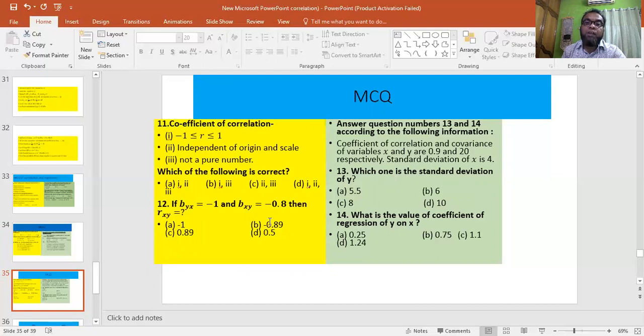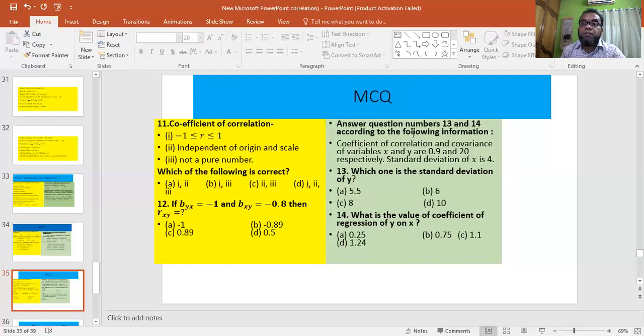That is minus 1 into minus 0.8. Since both are negative, the coefficient of correlation is also negative. So the answer is B, minus 0.89.